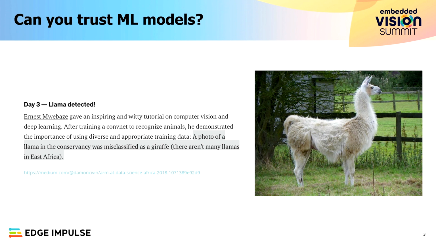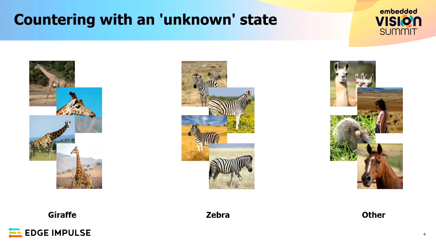So if we want to detect every animal in that conservatory, well, now I need to go collect examples of how that animal looks, right? Lots of pictures of giraffes and lots of pictures of zebras. But then also I need to create this negative, this unknown class, which is every other object on Earth, which is impossible, right?